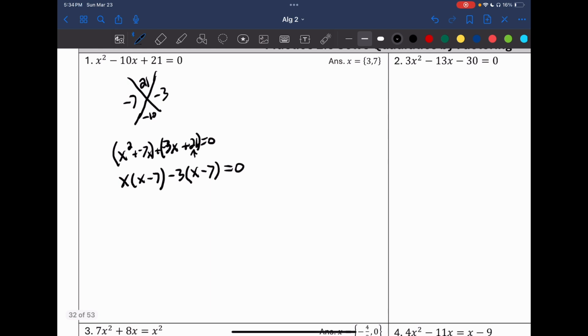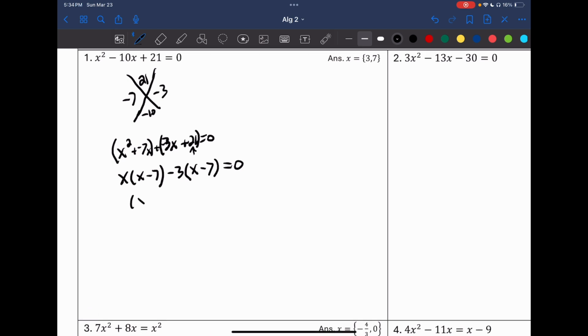And then now we can combine what's outside the parentheses with what's still inside, and we can do x minus 3 times x minus 7 is equal to 0. And remember, this is going to be equal to 0 when this is 0 or when this is 0. So we're going to try those independently.